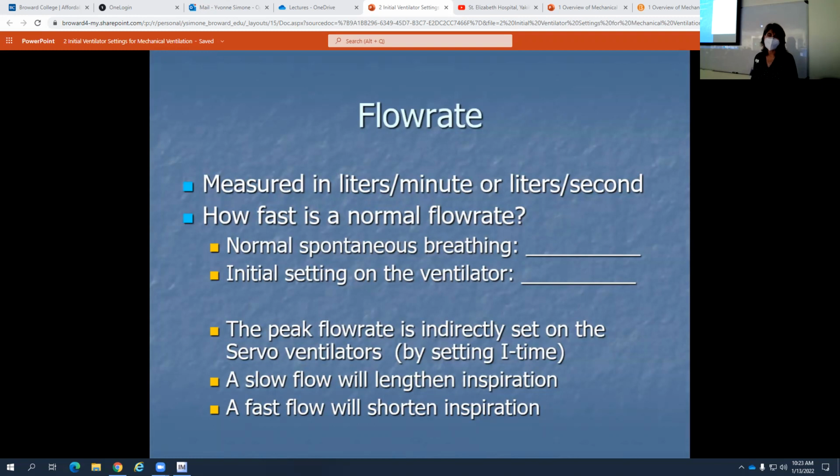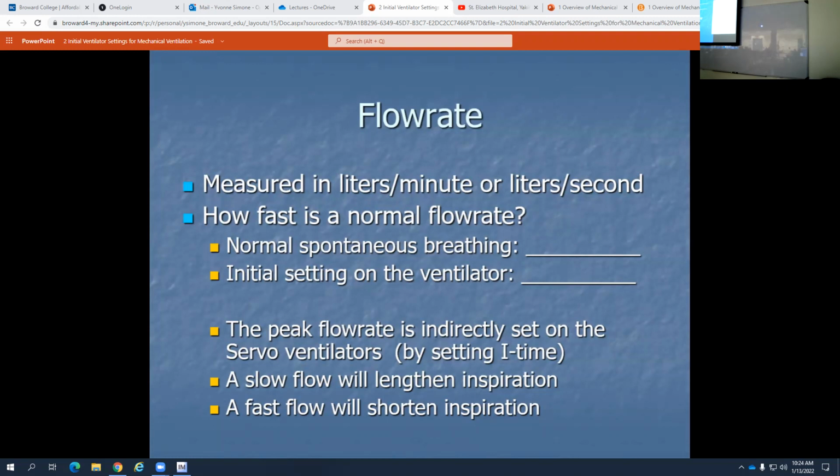A slow flow will lengthen inspiration. So if you're pushing the air into the lungs and you're doing it very slowly, 20 liters a minute, 30 liters a minute, it's going to take a long time for that volume to get into the lungs.